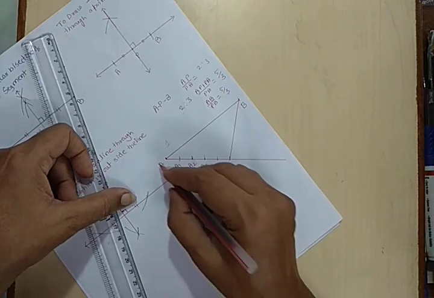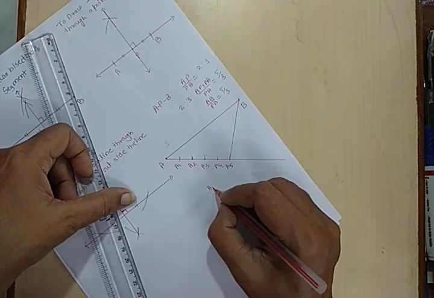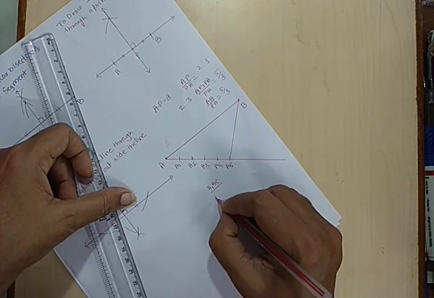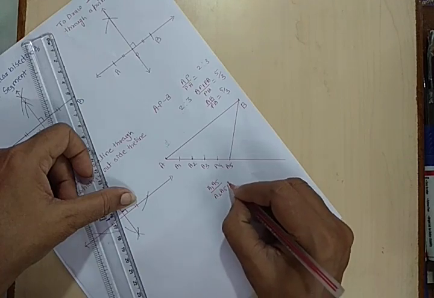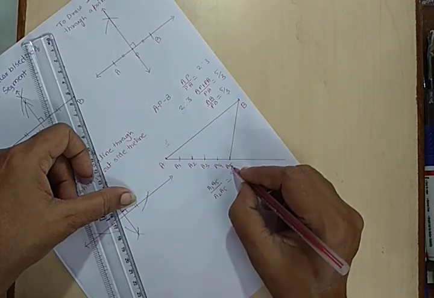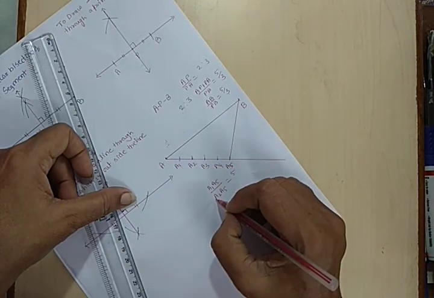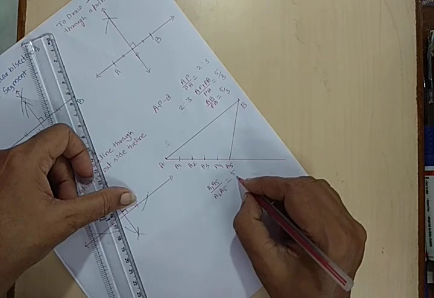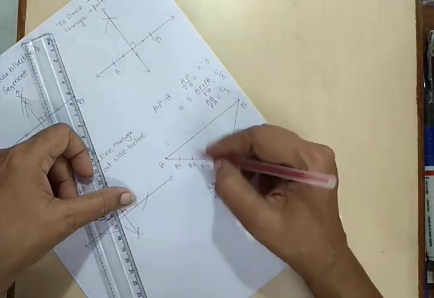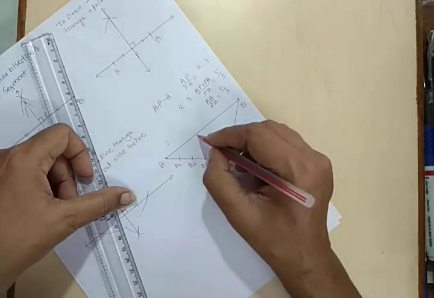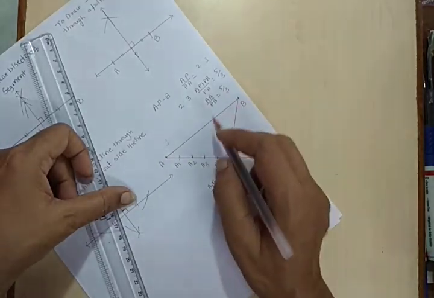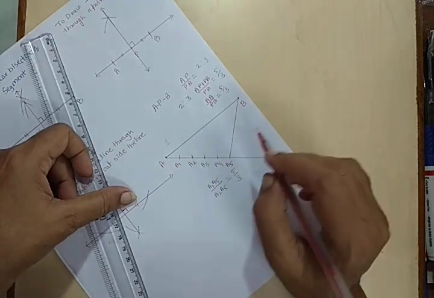So A1A5 upon A2A5 is equal to what? A1 to A5 is 5 parts and A2 to A5 is 3 parts, so 5/3. So if I draw a parallel line here, according to the parallel line theorem, the same ratio of intercepts will be there.